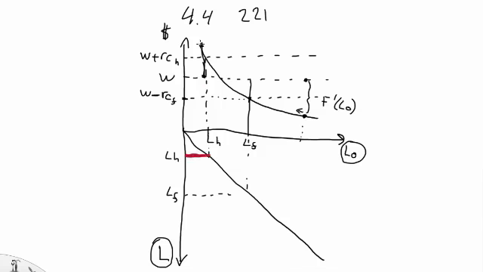So for instance, if we're here, we move down, and then we see that we move to LH in the next period. If we have more workers than the LF level, if we're all the way up here, for instance, we know that next period we will move to LF, which means that we want this to be a straight line out like this, so that will be the case.